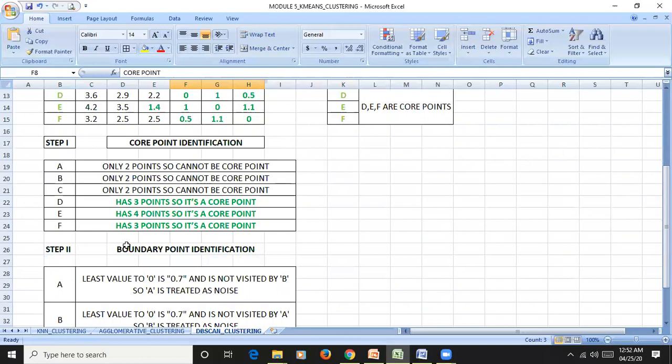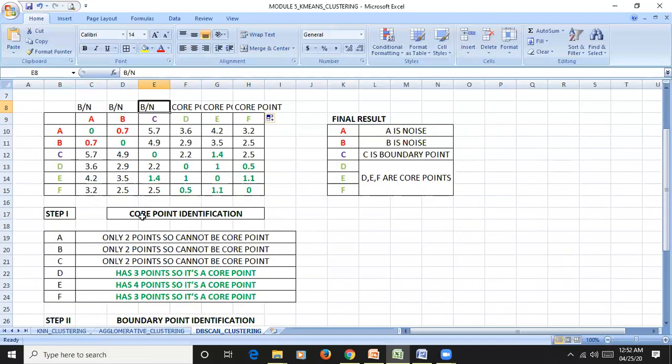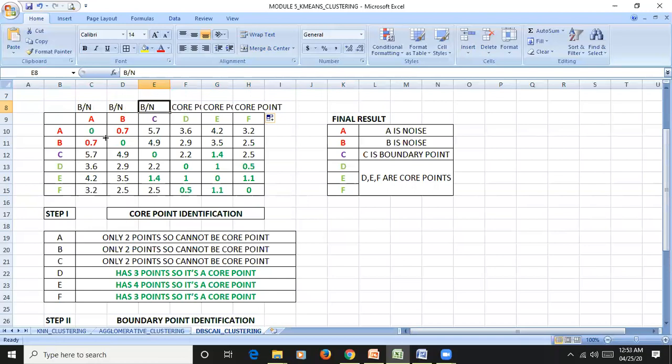How to identify the boundary points? The boundary can be between only 1, 2 and 3, either of them. What you have to do is go across with the least value apart from this 0.